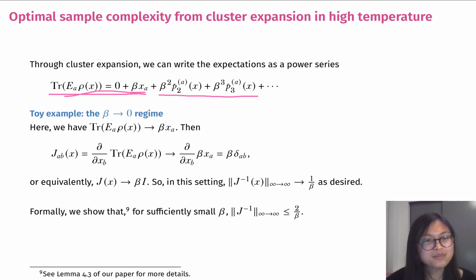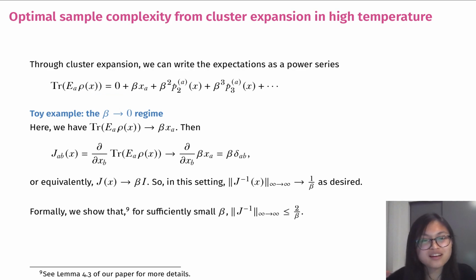If you look at this expression, this just means that the Jacobian tends to beta times the identity. And so that means in this setting, J inverse is 1 over beta times the identity. And so its infinity to infinity norm is also 1 over beta, which is exactly what we wanted for the optimal sample complexity.